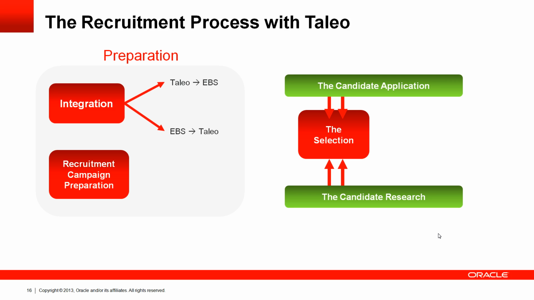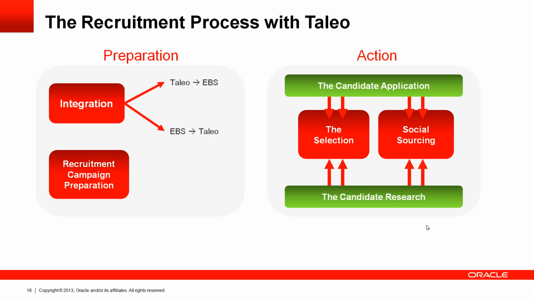You can make them answer some questions that start the qualification before you really have a look at the CV. And this action step ends when you also use social sourcing and everything is integrated in one platform that you use to really find the best talents, the best match for your search.